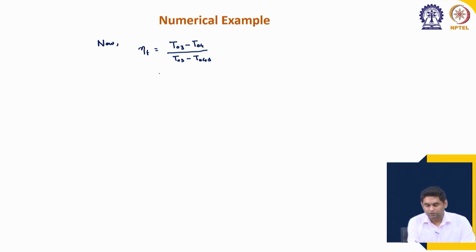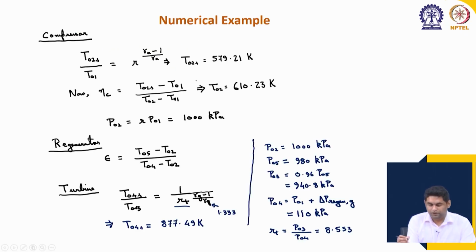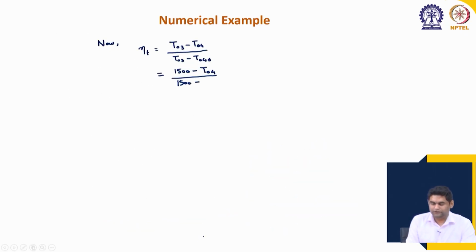T03 is known, this is the turbine inlet temperature, which is 1500. We are trying to find T04. T03 again is 1500, and T04S we have already found to be 877.49. Everything is in Kelvin, better to do all calculations in Kelvin.